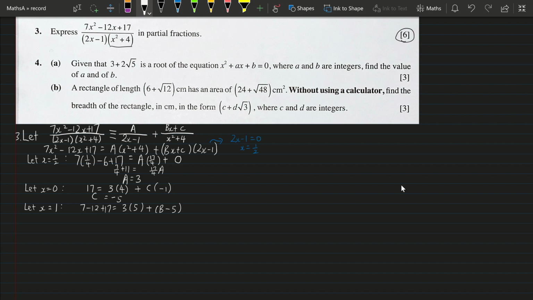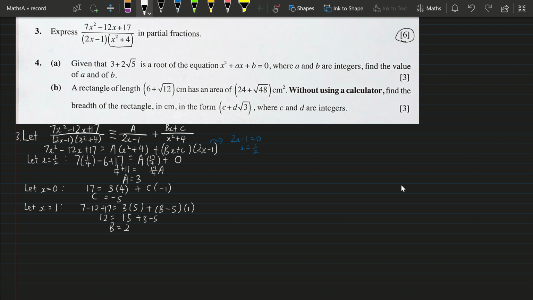And then I'm going to have 2 minus 1 is 1 here. So 7 minus 12 plus 17, 17 minus 12 is 5, 12 equals to 15 plus b minus 5. So b is equals to 2. Is that correct? Yes, that's correct.